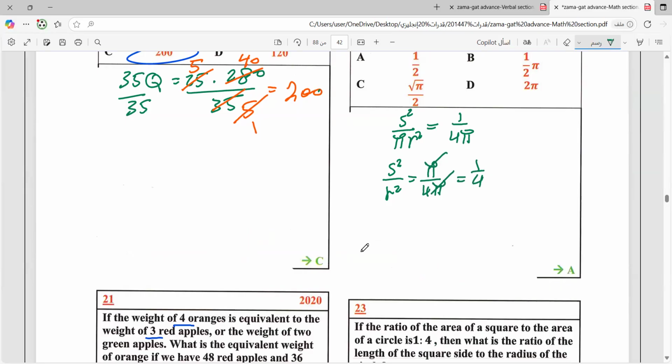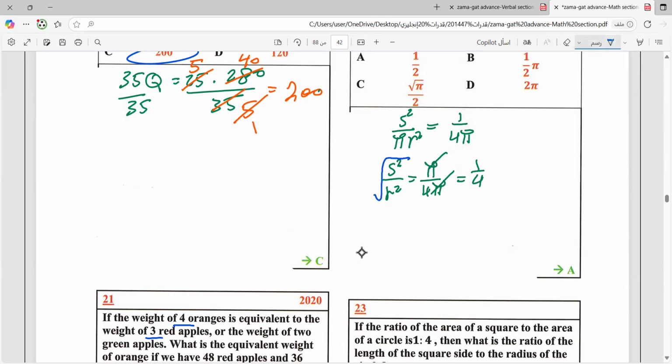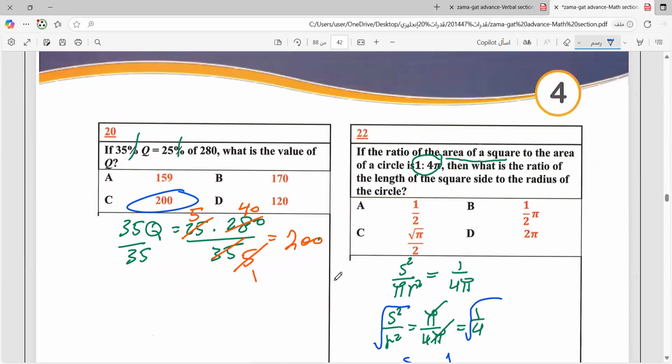You simplify pi with pi, then you get 1 over 4. So you take now the square root. S over R equals 1 over 2. So the answer is 1 over 2. Clear?